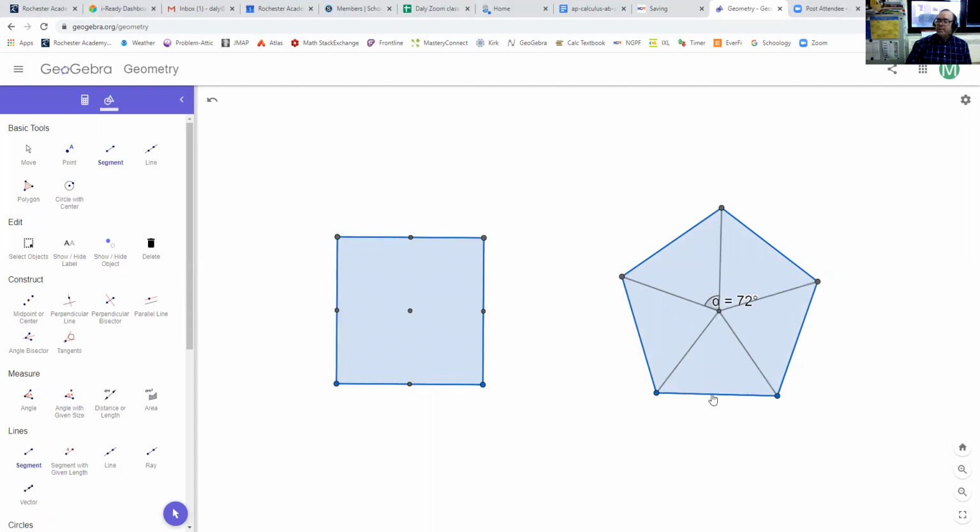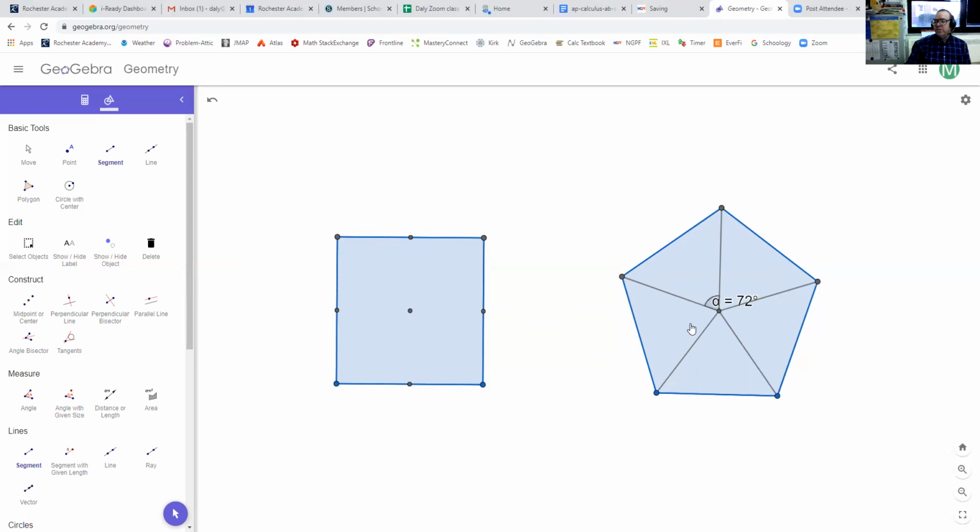Well, the way that this works is when we draw the pentagon like this, into a set of 5 triangles, you can see that each one of these 5 triangles is congruent to each other. And how many degrees are in the whole angle put together? Well, the whole angle all the way around the circle is 360 degrees.